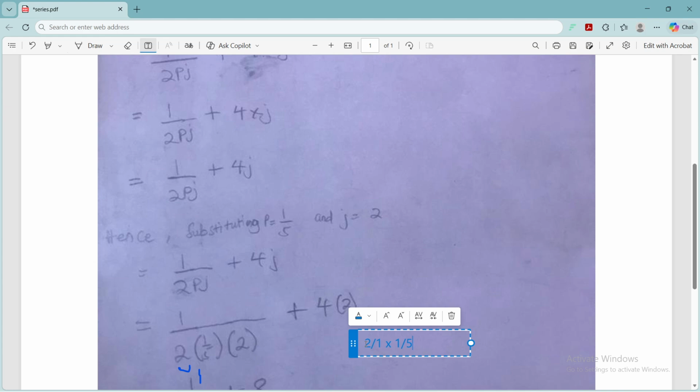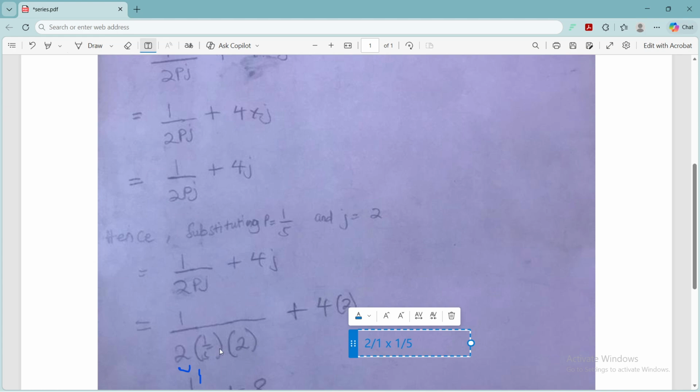So the numerators multiply each other and the denominators too multiply each other. So the numerator 2 multiplies 1 to give us 2, right? And the denominator 1 multiplies the denominator 5 for us to get 5.